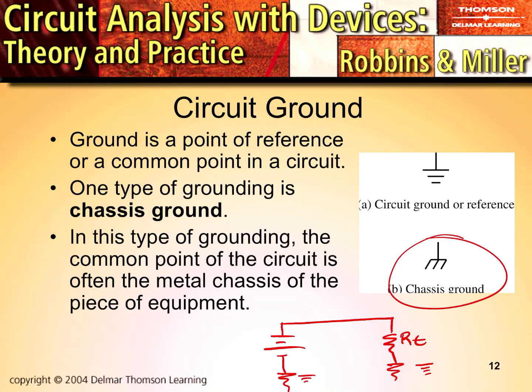Even better, because I'm referring to chassis ground, I should have shown it like this. I don't have my eraser up and I'm not going to do that, so let me start this one more time. Sorry about this. So chassis ground, R total, and E total.